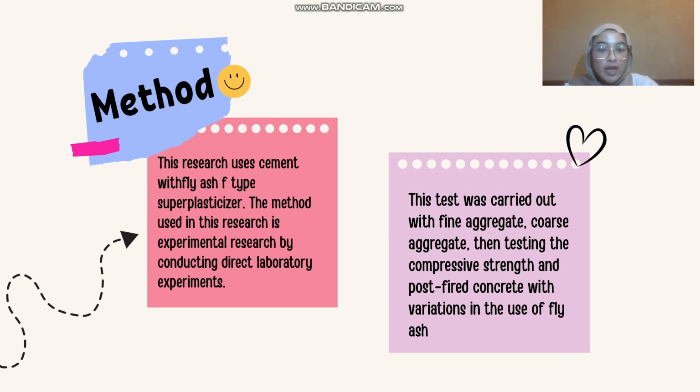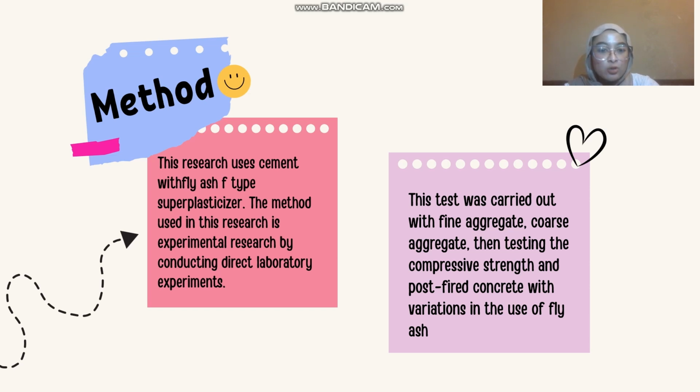For coarse aggregate: specific gravity, unit weight, sieve analysis, water content, and wear check using a mechanical Los Angeles machine. Then, the compressive strength and post-burning concrete tests were carried out with variations using fly ash.